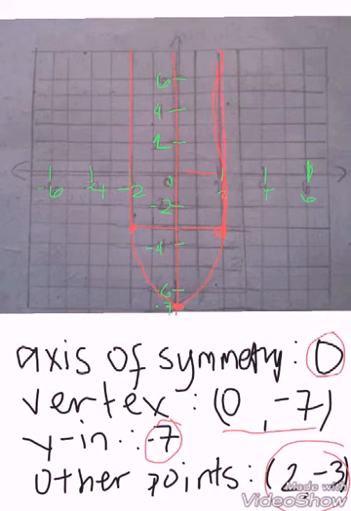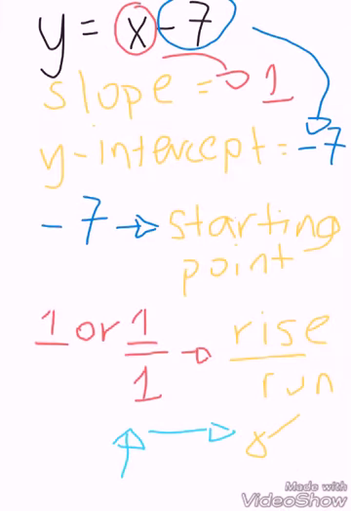We're now going to get the line. The line like this. In order to get the line, we need to analyze first the equation y equals x minus 7. So we can see the slope is 1 and the y-intercept is negative 7. You just need to remember that negative 7 is the starting point.